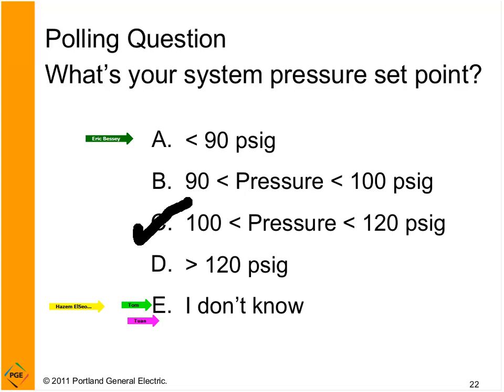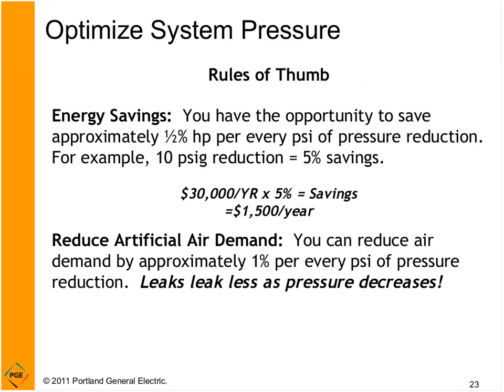Now, can I just lower the pressure willy-nilly? Just walk up to the compressor and turn down the pressure? Maybe not. But first, let's take a look at how much it costs to elevate my compressed air pressure. Rule of thumb. Love rules of thumb. This one's actually a pretty darn good rule of thumb, and it pans out. I've taken measurements. I've verified this rule pretty closely.